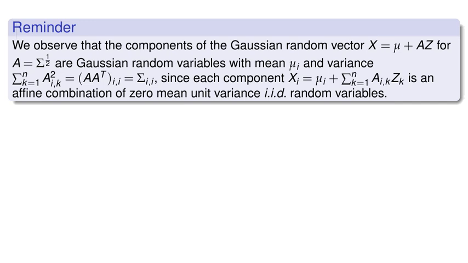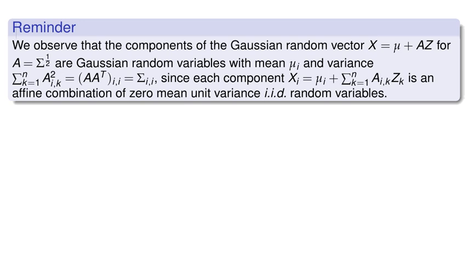Now let's observe the components of the Gaussian vector x equals mu plus Az, where we use A for sigma to the 1/2. Each component xi is given by xi equals mu i plus the sum from k equals 1 to n of a i k z k. As we established earlier, this is an affine combination of IID standard Gaussian variables zk.